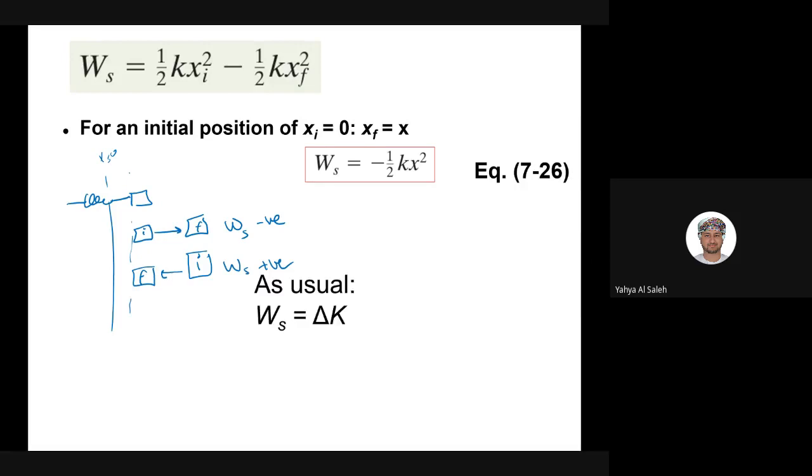As usual, the work done is equal to the change in kinetic energy. So whether we are dealing with constant forces or variable forces, the work done is still equal to the change in kinetic energy.